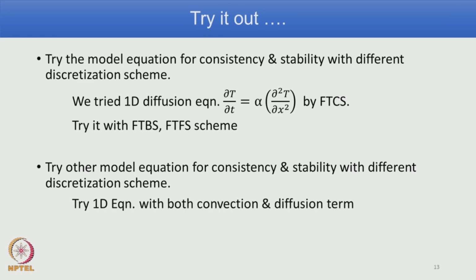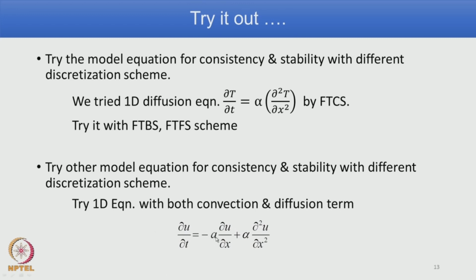For example, try the 1D equation, we have considered only the diffusion, you can actually include convection also as given here, dou u by dou t equal to minus a dou u by dou x plus alpha times dou square u by dou x square. This particular equation specifically is called Burgers equation. This is the Navier-Stokes equation without the pressure term, such an equation is called Burgers equation, and there is a convection term, but this is linearized.